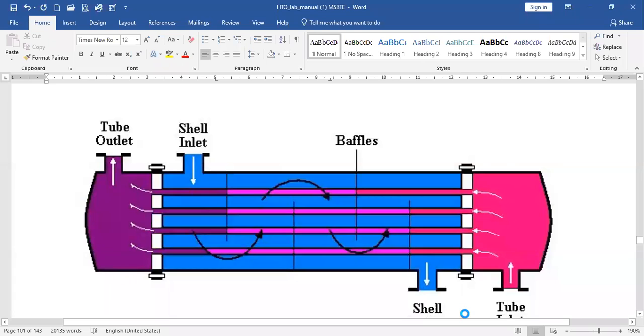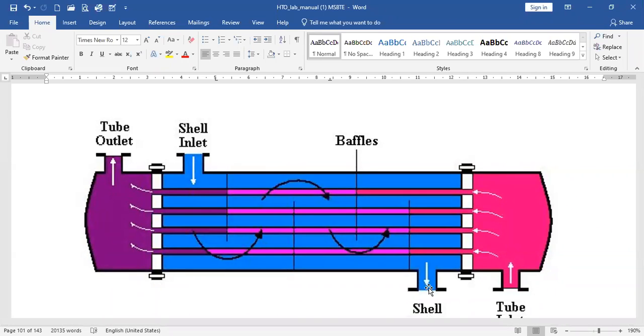Then the tube side fluid inlet is from the bottom side, and through these openings of these tubes this tube side fluid is going to pass, right? So this is 1-1, that is a normal shell and tube heat exchanger, where this tube side fluid is passing along the shell and tube heat exchanger only once. In the same way, this shell side fluid is also passing through this shell and tube heat exchanger only once, and that is why it is called a 1-1 shell and tube heat exchanger.